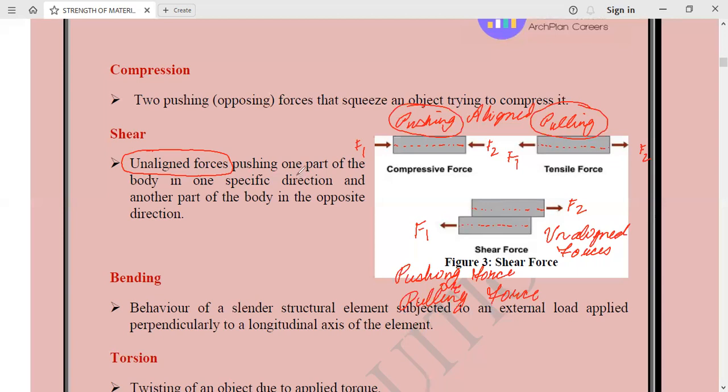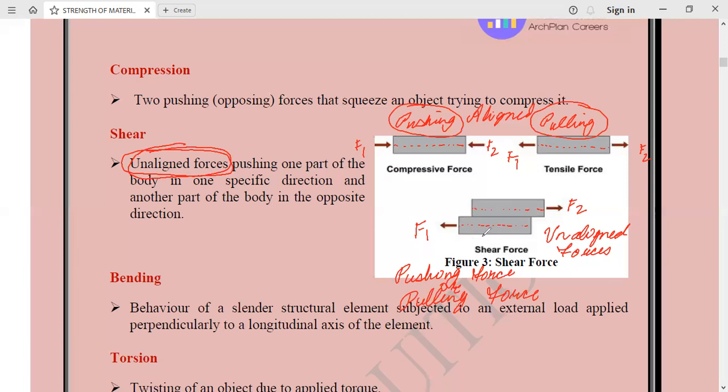Another important thing is that one force will try to push the body in one direction, and another force will try to push the body in another direction. So the directions of the forces should be opposite. So the important thing to remember, first, is that you have to apply unaligned forces.